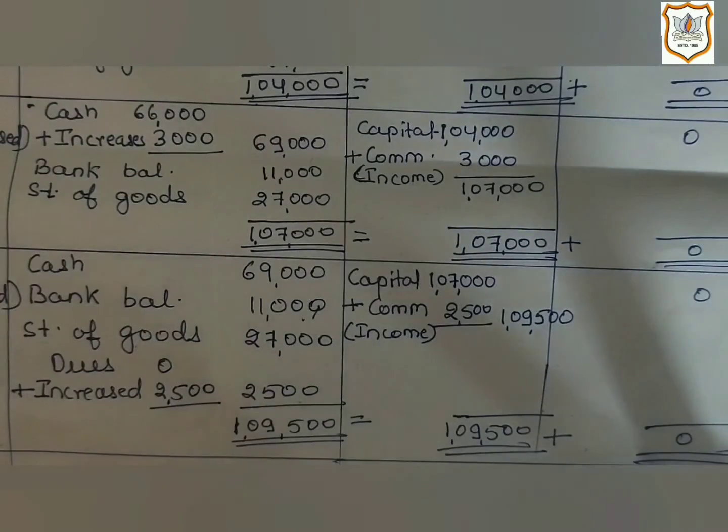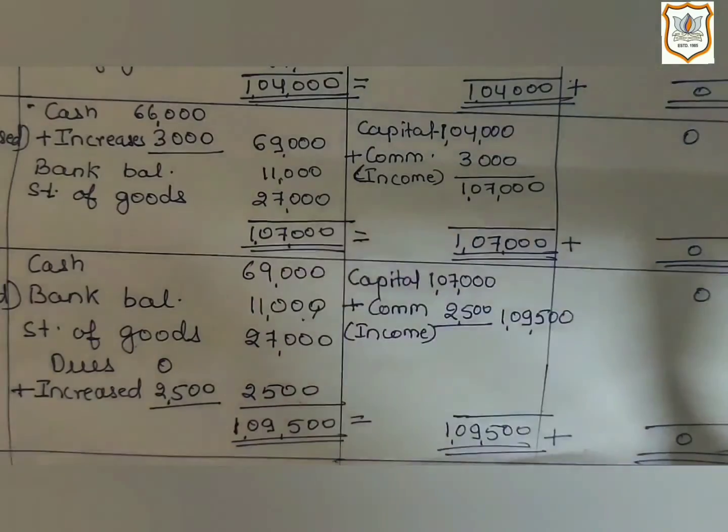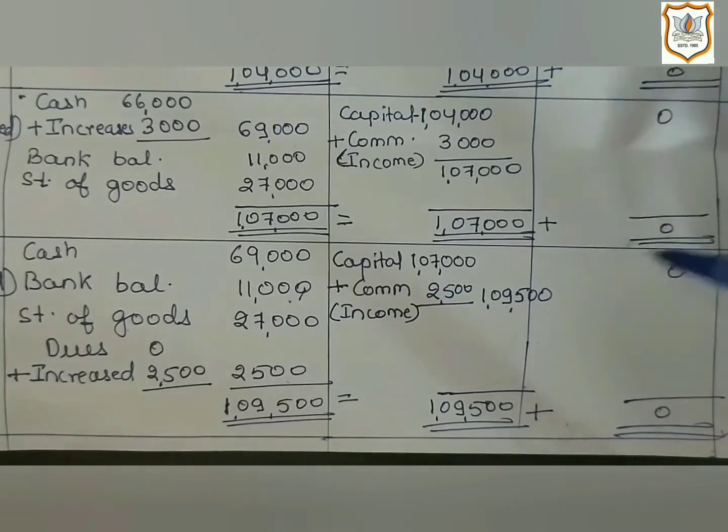That means here also our asset is equal to capital plus liability. That means on the left hand side we have 1,09,500, and on the right hand side, that is on the capital plus liability side, we have 1,09,500. No liability is created yet, so liability will remain 0.